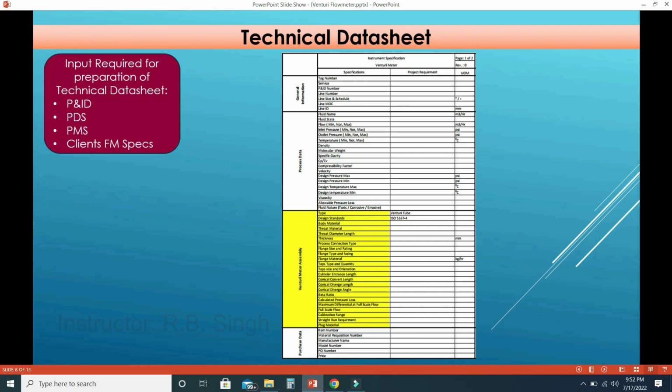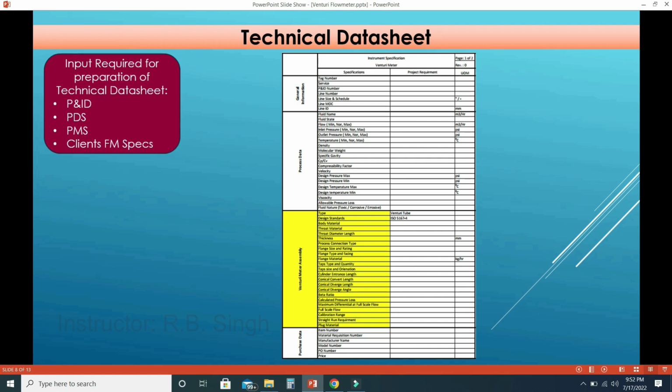Again we will select the particular supplier which is suitable for our project. So that supplier will be our main vendor which is going to supply the instrument as per the technical discussions or clarifications and documentations.